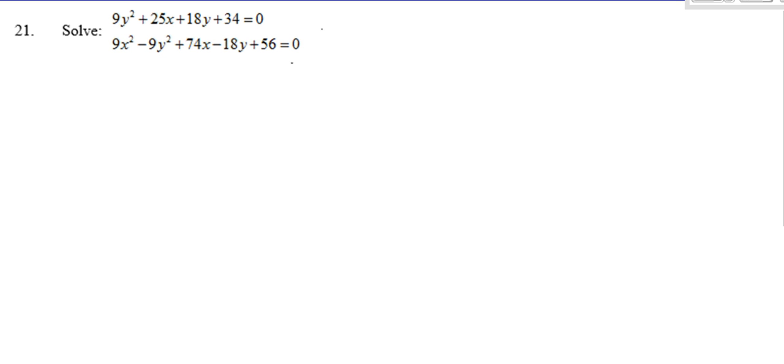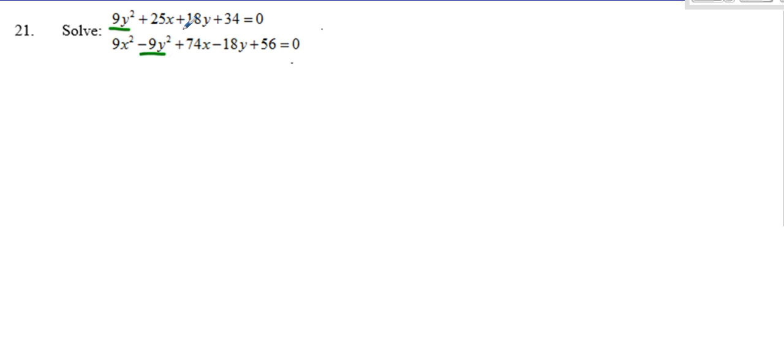So what you want to do is eliminate these as best as you can. When you look at what they have in common, hopefully one of the variables will cancel out, like the x squared and the x, or the y squared and the y. We do have a 9y squared and a negative 9y squared, which works out great because those cancel.